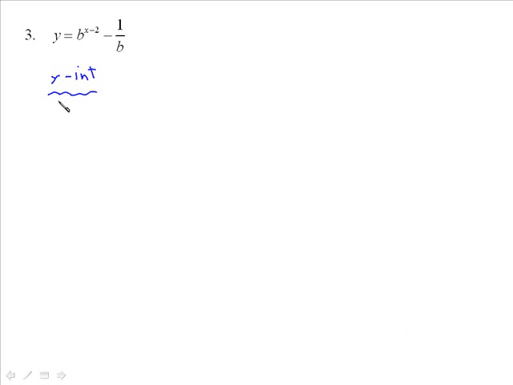So for your y-intercept, you as always set x is equal to 0. So this becomes y is equal to b to the 0 minus 2 minus 1 over b. And therefore y is equal to b to the negative 2 minus 1 over b. And with that negative exponent, you write that as a positive exponent, 1 over b squared minus 1 over b.